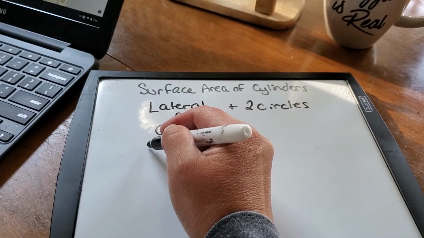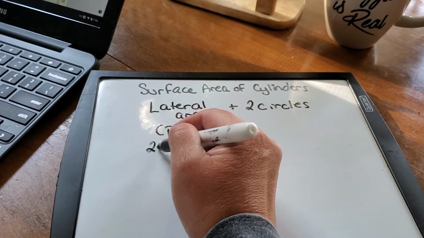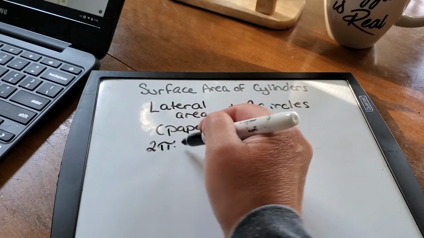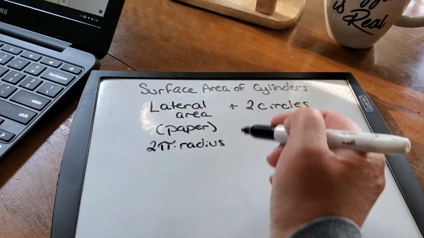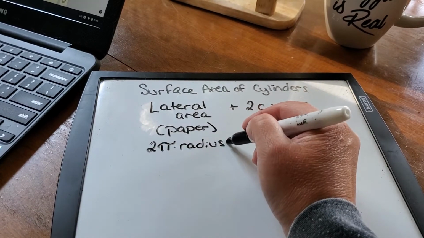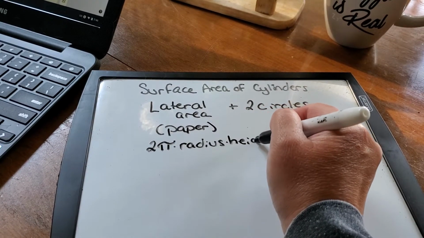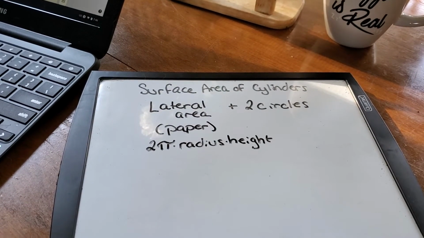Now, remember we had two different formulas for circumference. One was pi times diameter. The other was 2 times pi times the radius. This tends to be the formula we use in surface area. We do 2 times pi times the radius times the height. That will give us just the lateral area, the area of that paper that wrapped around the cylinder.